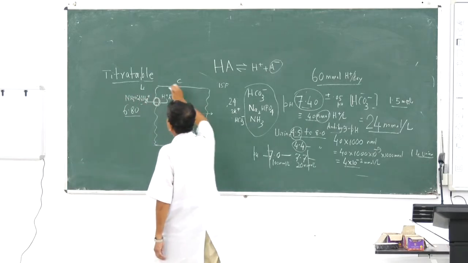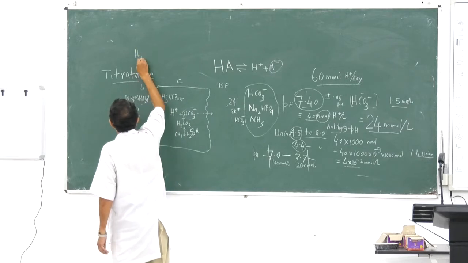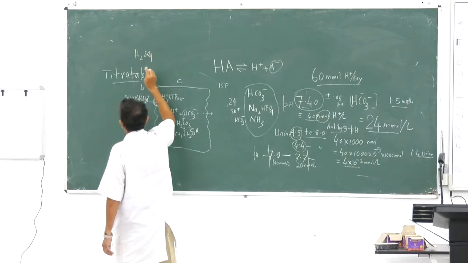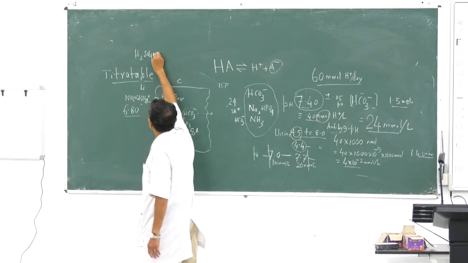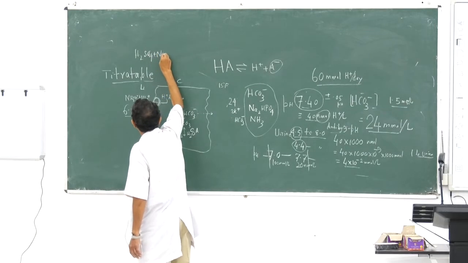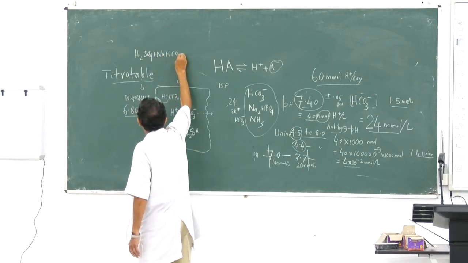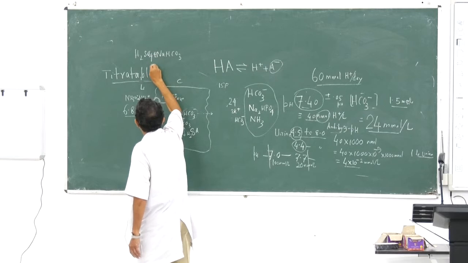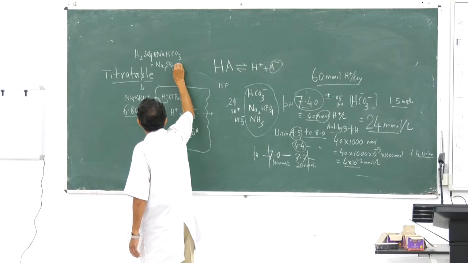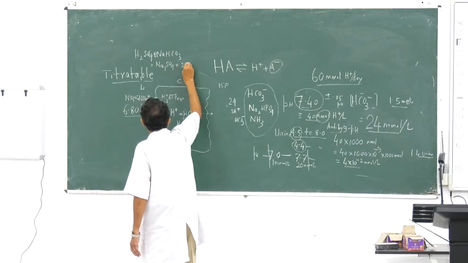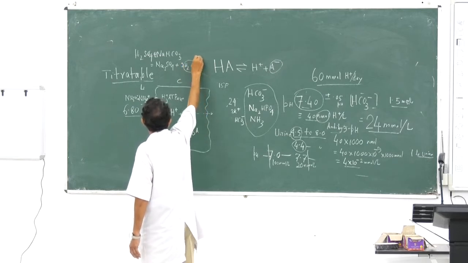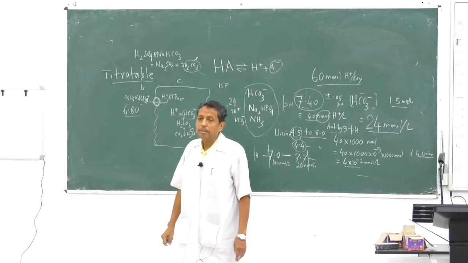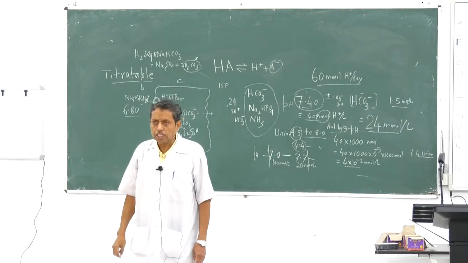Suppose H2SO4 is produced from the sulfur-containing amino acids cysteine and methionine, and it reacts with NaHCO3, a part of the buffer. So Na2SO4 is produced, and the carbonic acid can be lost by the respiratory process.